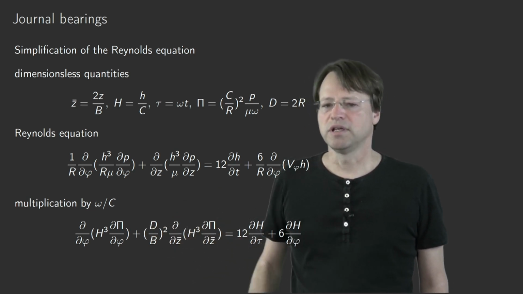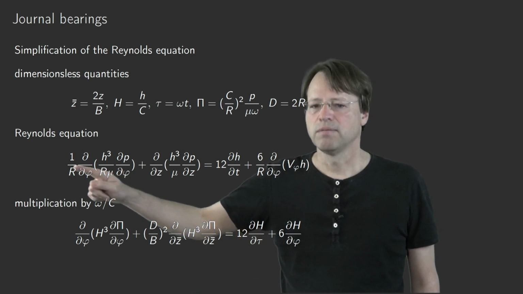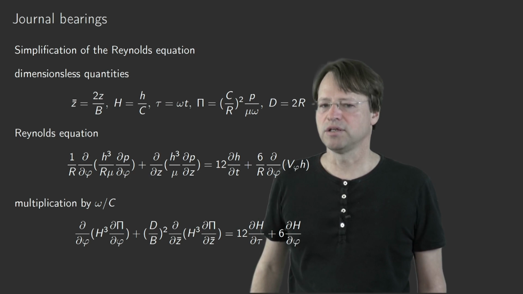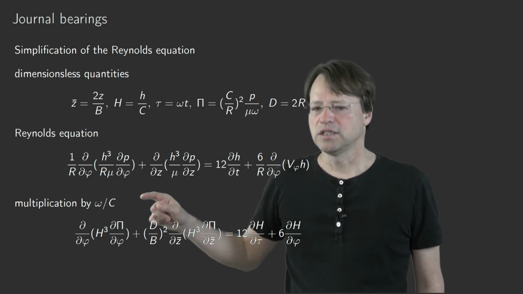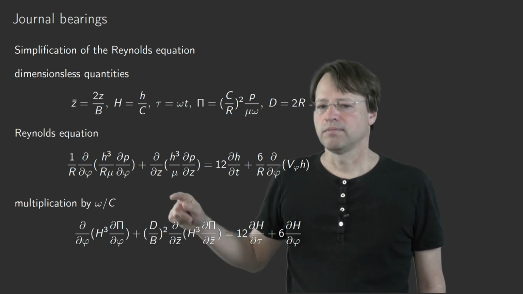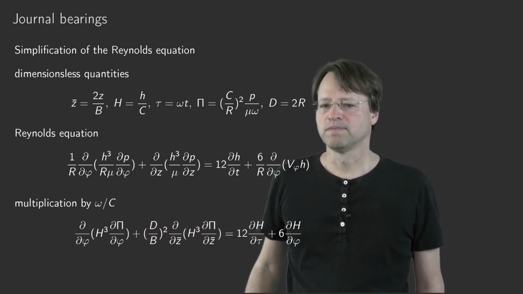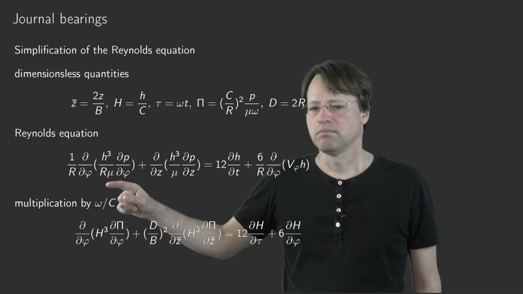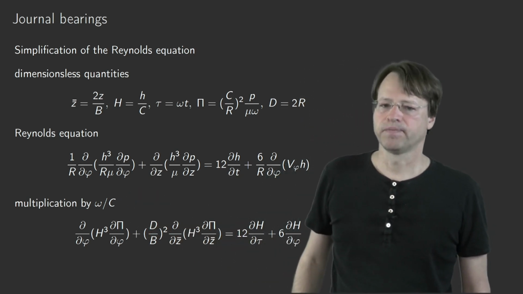We divide by omega, so in the denominator we get omega times c squared. We have in the denominator an r squared, we have a mu, and that's all. So we get a c squared in the numerator, a p in the numerator, and in the denominator an r squared mu omega from the division by omega.